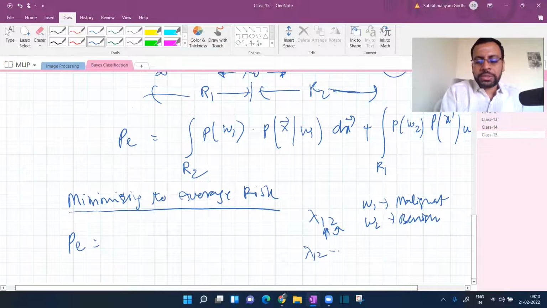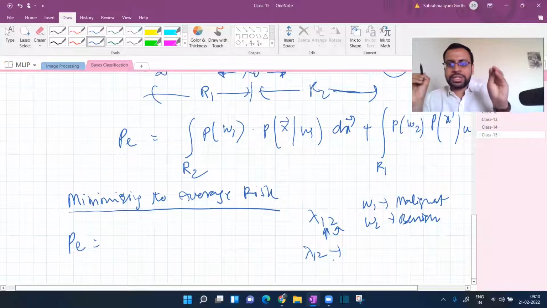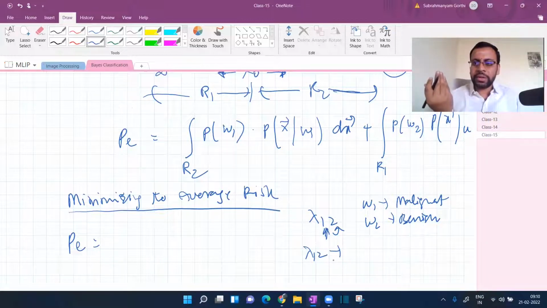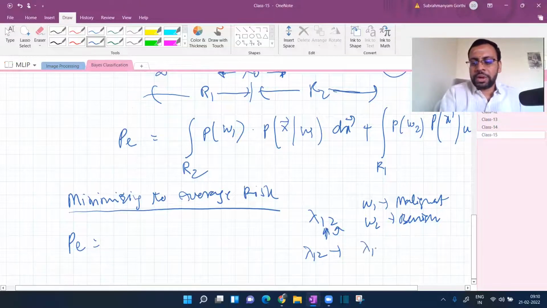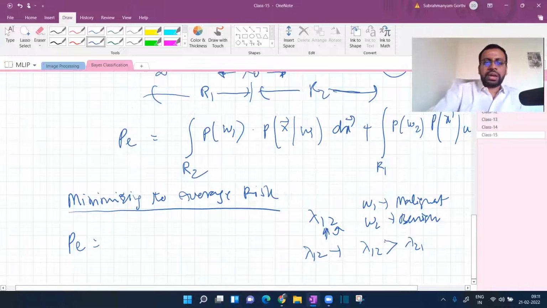Lambda 1,2 is the penalty you impose if a malignant tumor is wrongly assigned as a benign tumor. Lambda 2,1 is the penalty if a benign tumor is wrongly assigned to a malignant tumor. What relation would you like to impose? You want lambda 1,2 greater than lambda 2,1.